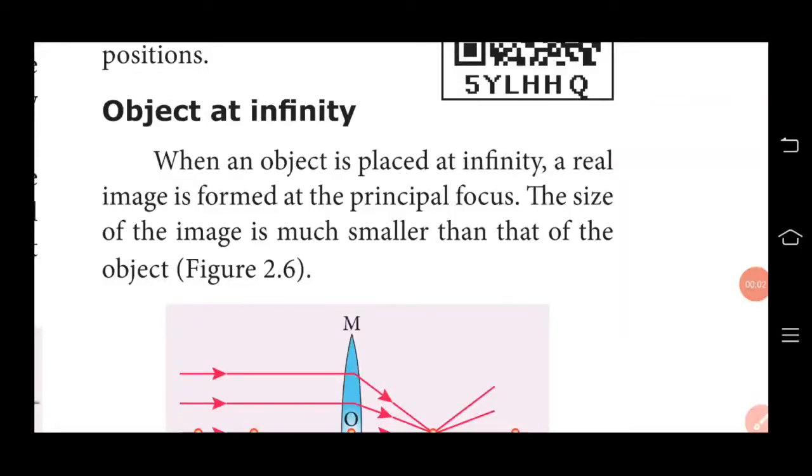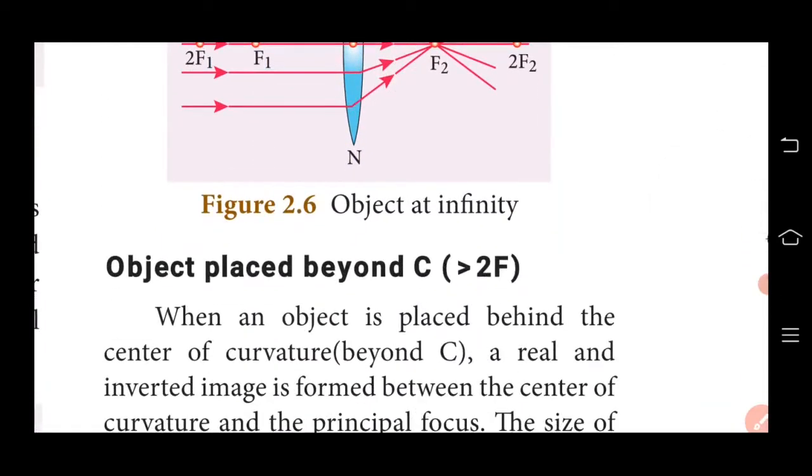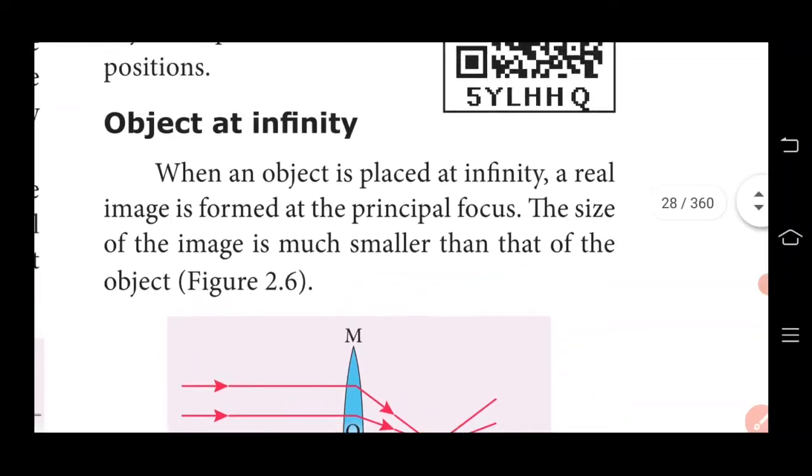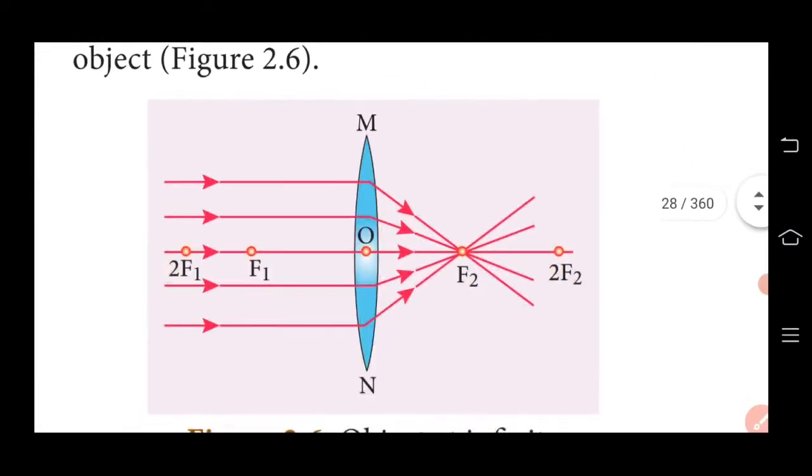Let me once again recall the two conditions for the formation of the image, when the object is placed at infinity and when the object is placed beyond C. First condition, object at infinity. Consider this is the convex lens.